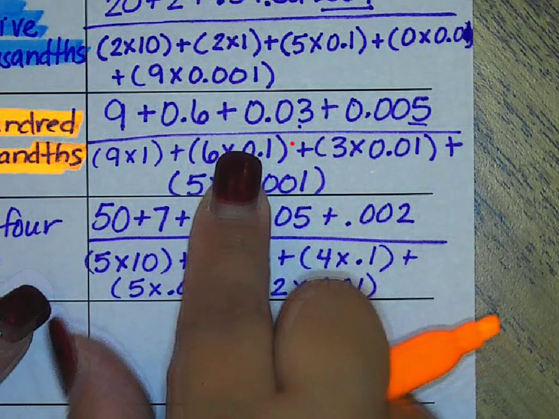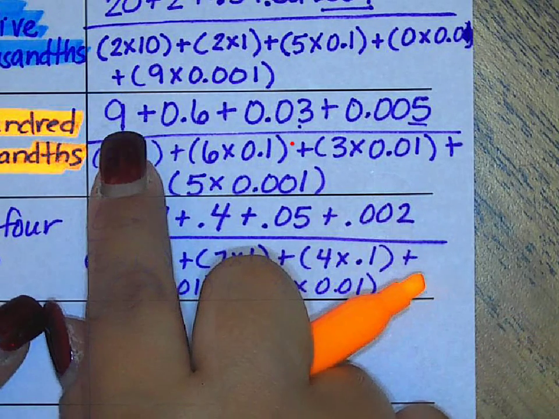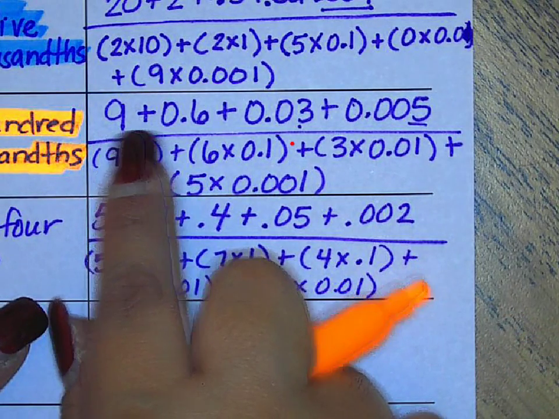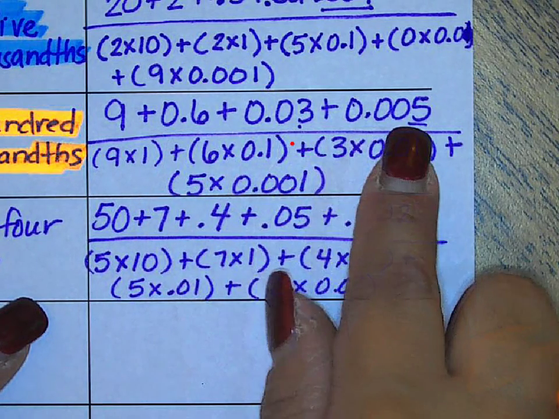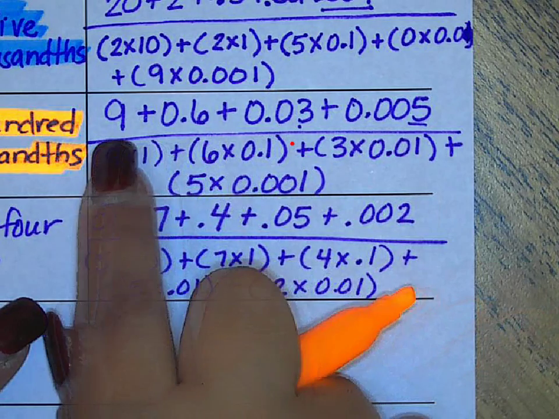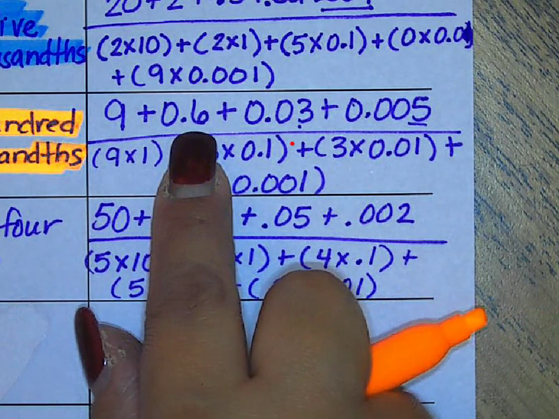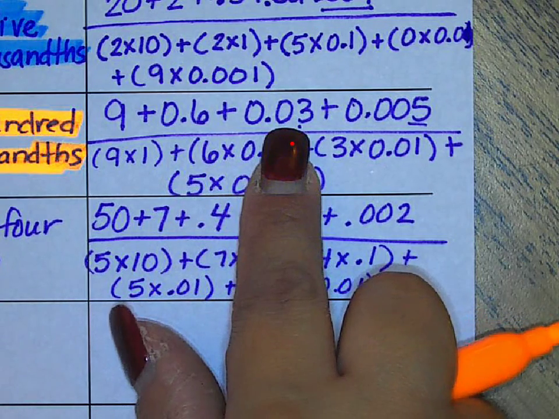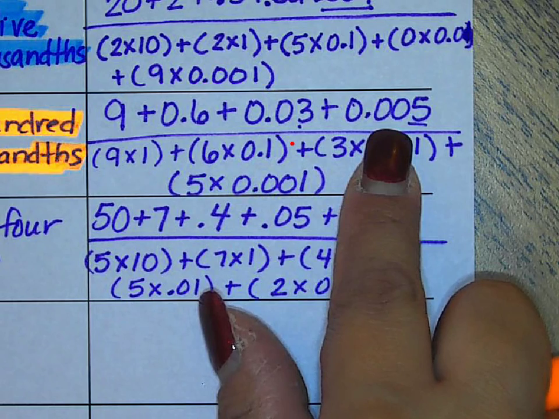Okay. Moving on over to our expanded form and expanded notation. I have 9 and 635 thousandths written out. I have 9 ones, 6 tenths, 3 hundredths, and 5 thousandths.